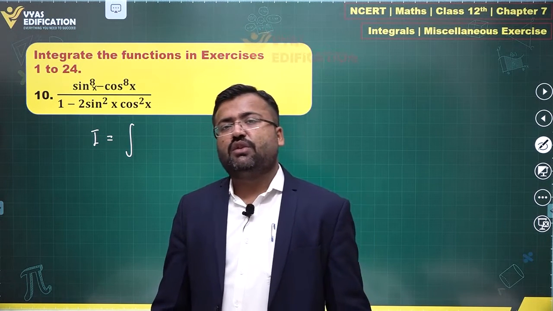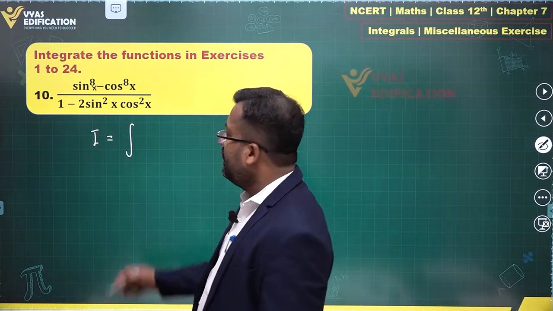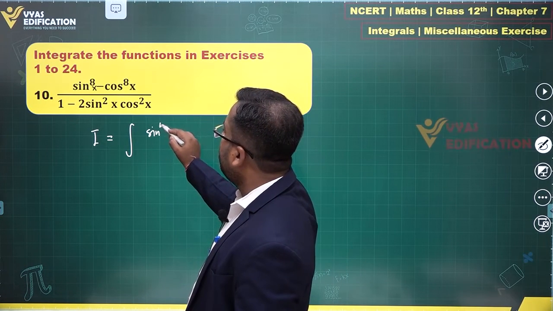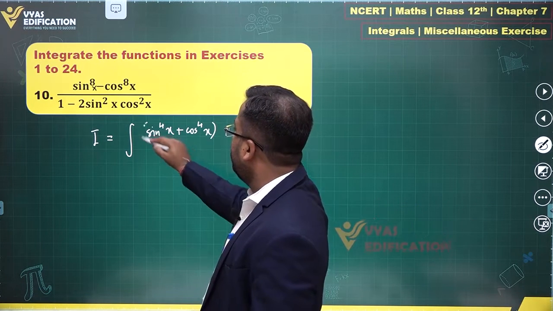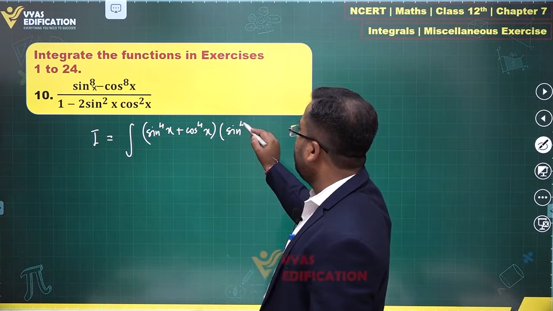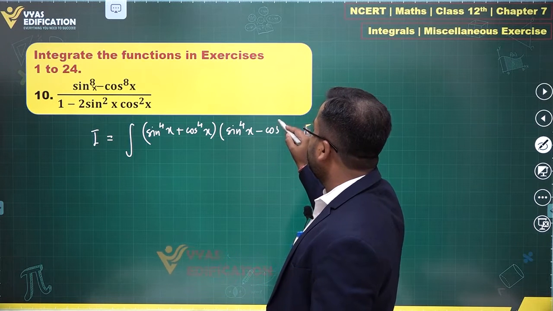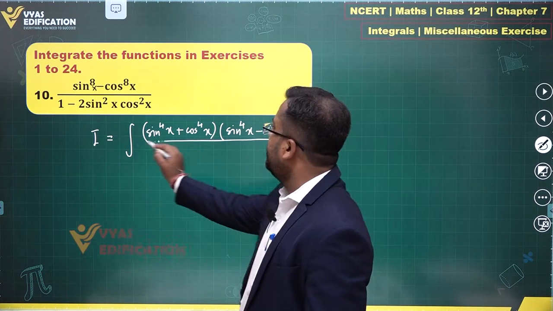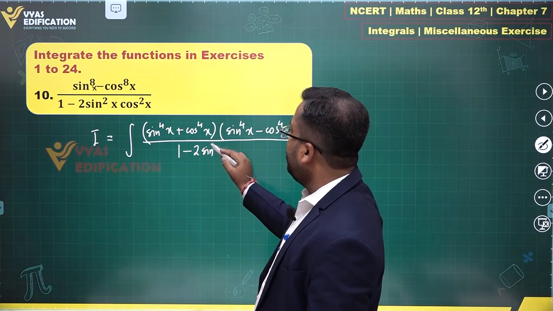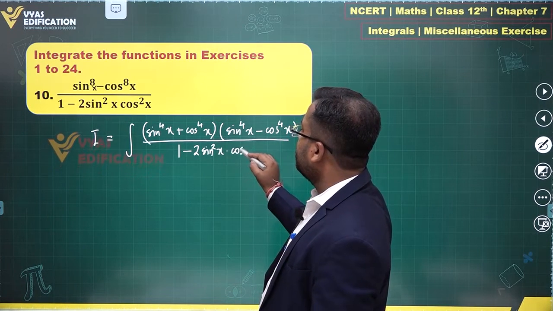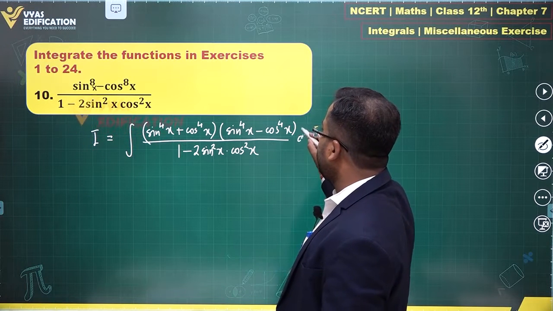A square minus b square can be written as (a plus b)(a minus b). So I can write this as (sin power 4 x plus cos power 4 x) and (sin power 4 x minus cos power 4 x). These will be the two terms, right? In the denominator, you have 1 minus 2 sin square x cos square x dx.